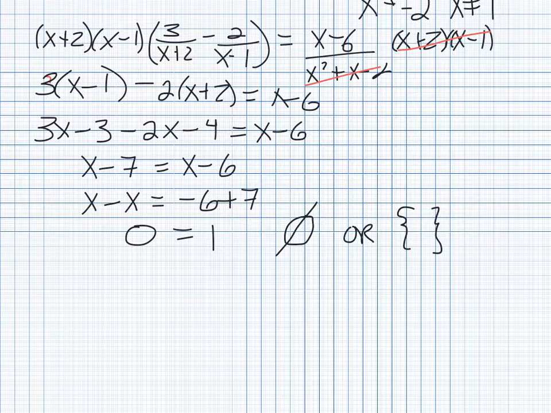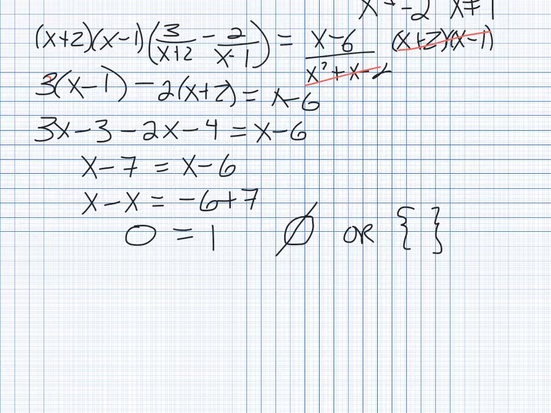Now, part B in the problem asked us to determine whether the equation was inconsistent, conditional, or an identity, and to explain the answer in a complete sentence. Because there are no solutions, that means the equation is inconsistent.